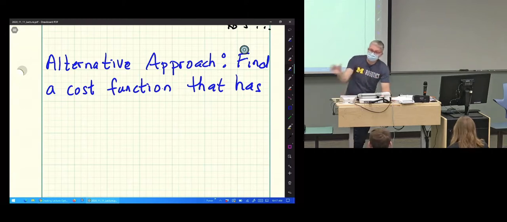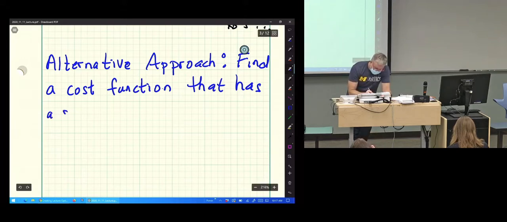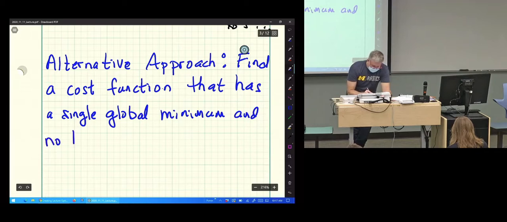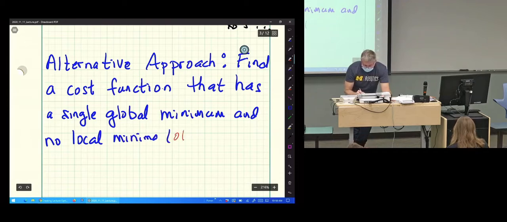It has no local minima and only a single global minimum, other than, of course, the global one.